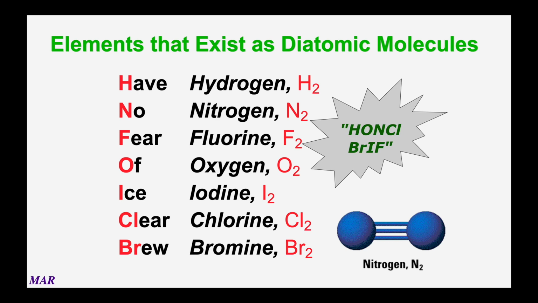I don't know, for some reason that works for me. Anyway, each of those letters is one of the 7 diatomics. Have No Fear of Ice Clear Brew, HNFOICLBR. So you can use HONClBrIF, you can use my Have No Fear of Ice Clear Brew, whatever you want to do. Just realize that these 7 do exist in pairs, and that's something you have to take into account when you're doing things.